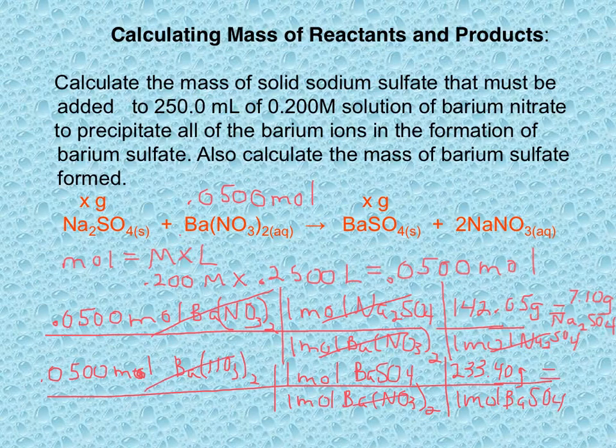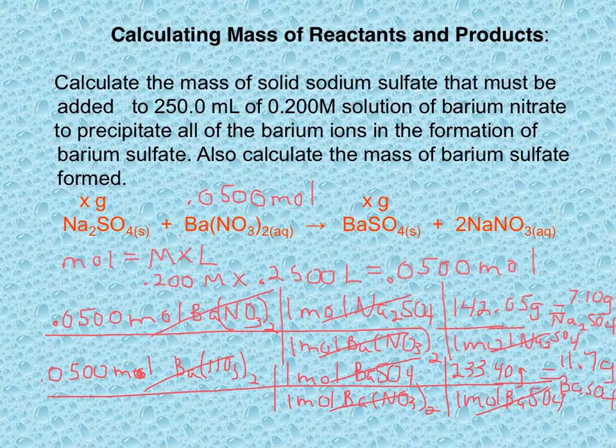Moles of barium nitrate cancel, moles of barium sulfate cancel. I have left grams of barium sulfate. When I do the math and round to the appropriate significant digits, it's 11.7 grams of barium sulfate.